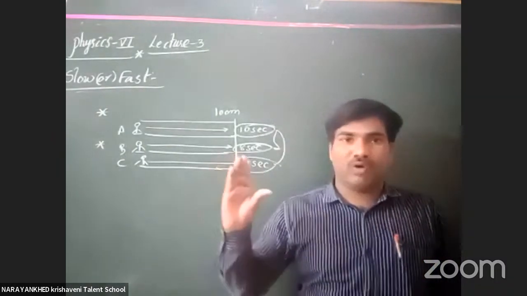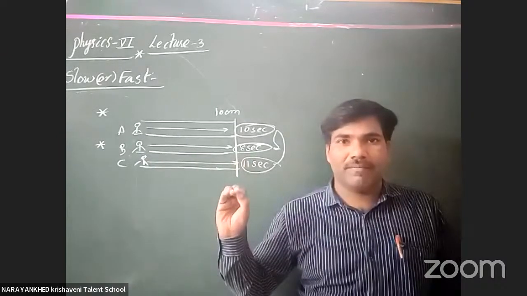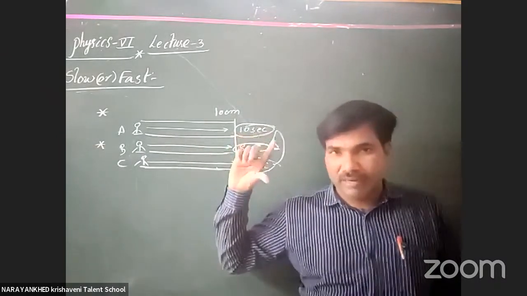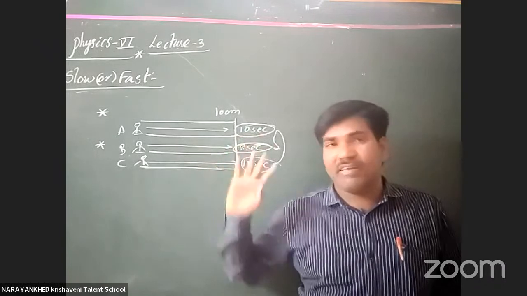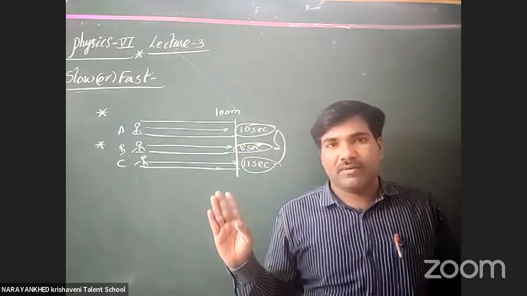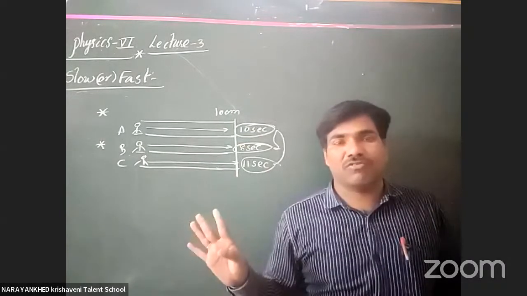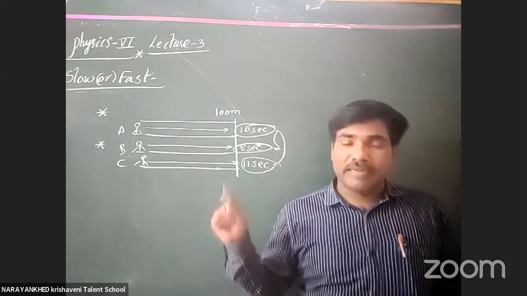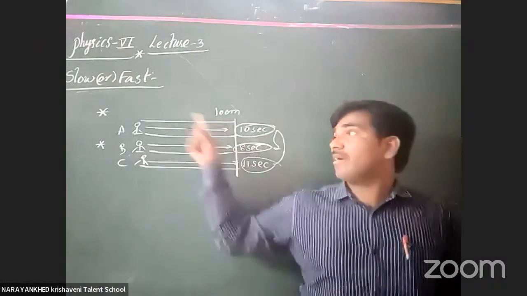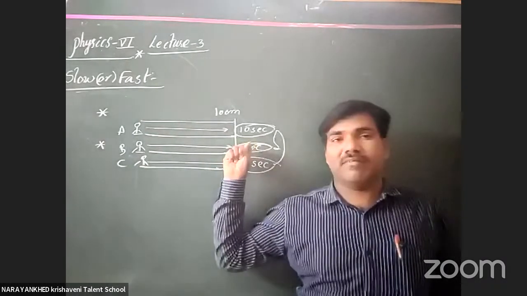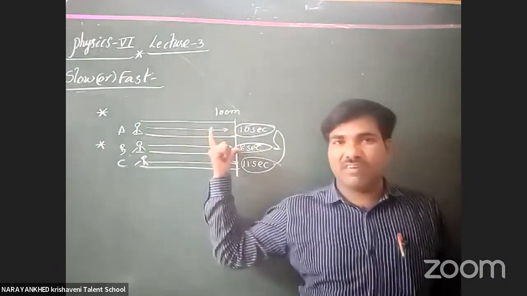When bodies travel an equal distance in unequal time intervals, at that time we consider slow or fast motion.